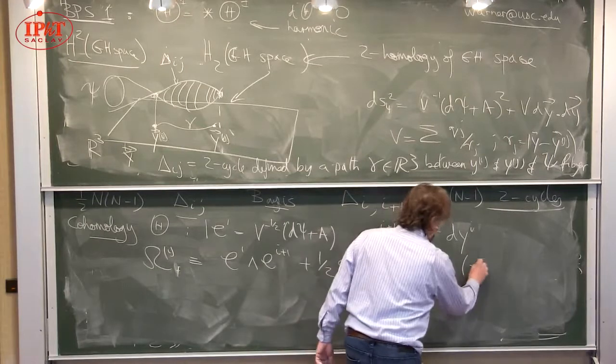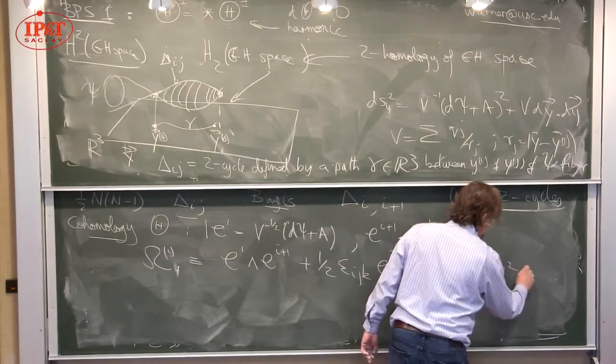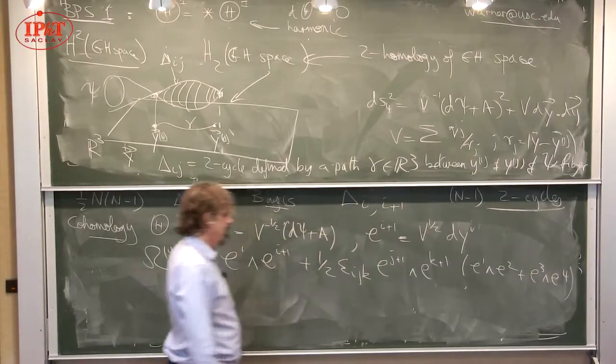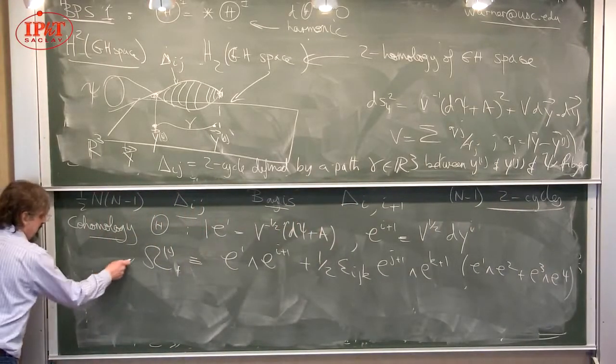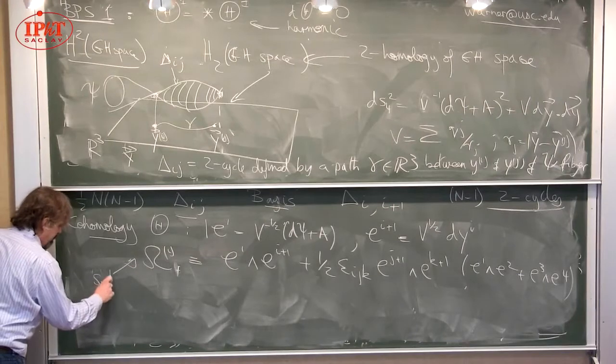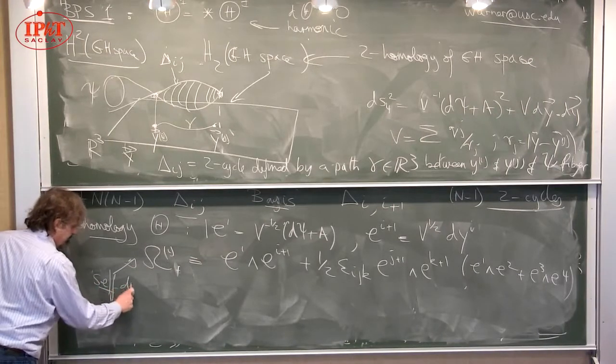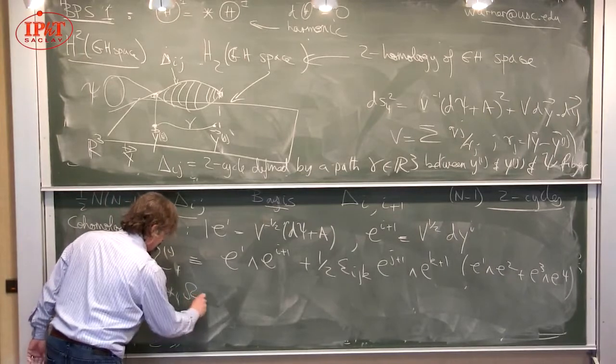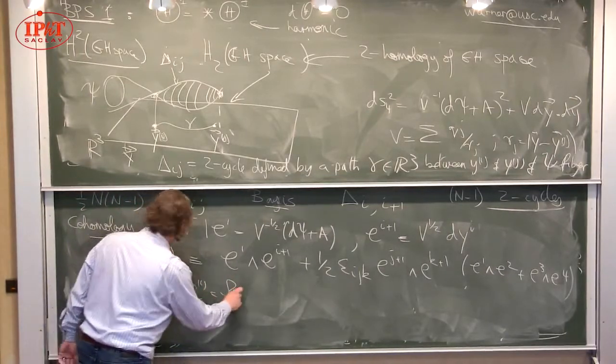So e.g. e^1 wedge e^2 plus e^3 wedge e^4 and so forth. These are self-dual by construction in 4 dimensions: star_4 of omega_i is equal to omega_i.